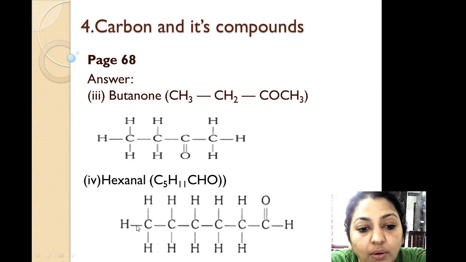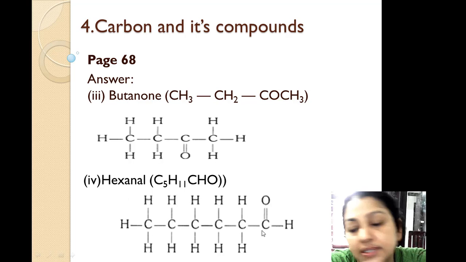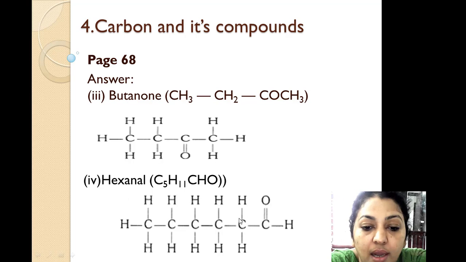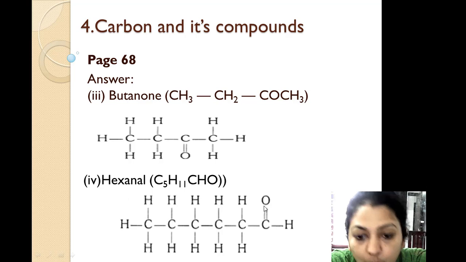Now, including this carbon we are counting. 1, 2, 3, 4, 5, 6. Isn't it? So, hexanal. Now you can write CH3, CH2, CH2, CH2, CH2, CHO.